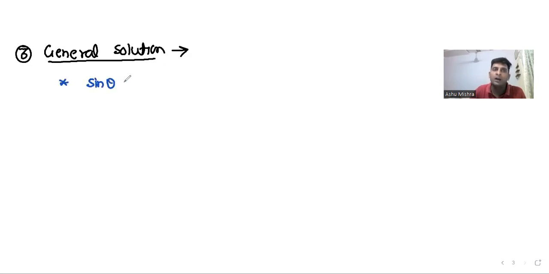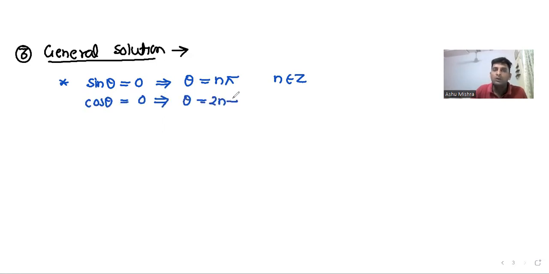Suppose sine theta is equal to 0, that means theta will be equal to n pi, where n belongs to integer. If cos theta is equal to 0, then theta equals (2n plus 1) into pi by 2, where n belongs to integer.